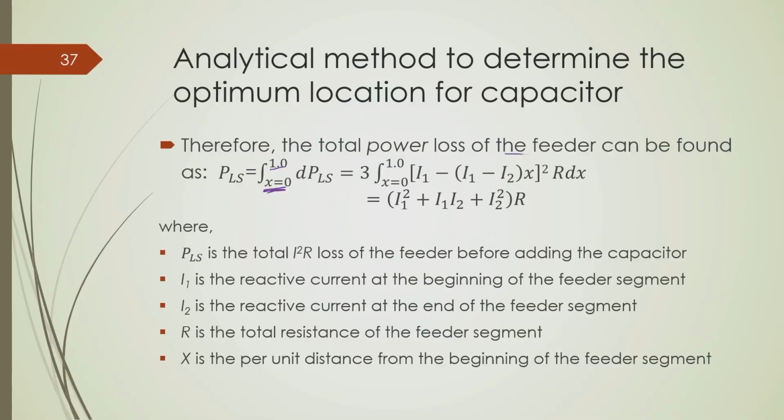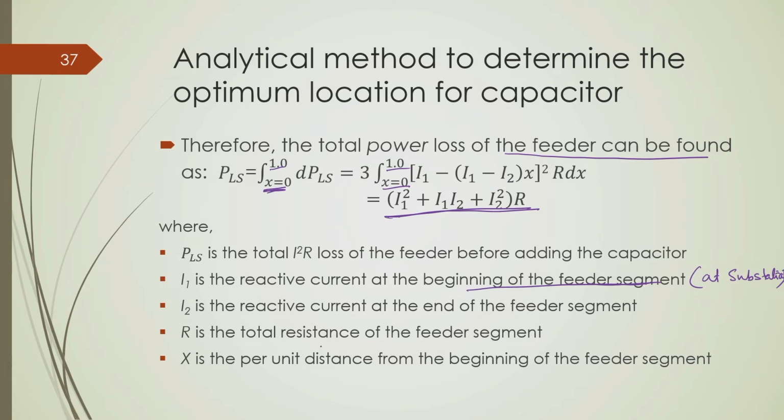If we integrate that, it will give the overall power loss of the feeder, and if you do this integration and put in the limits x equal to 0 to 1, it comes out to be this. Where I 1 is the reactive current, or out of phase current, or quadrature component of the load current at the beginning of the feeder segment, that means at the substation or near the substation.